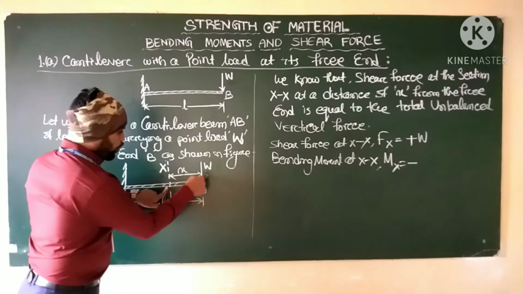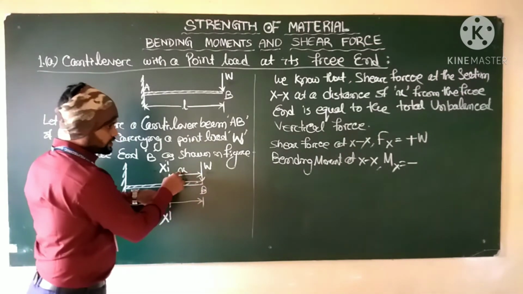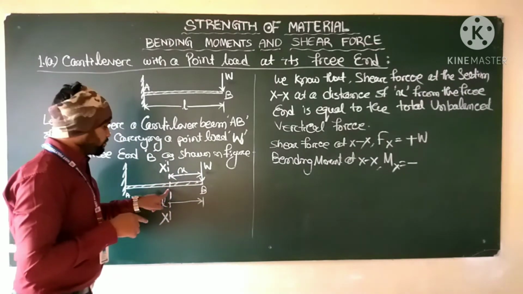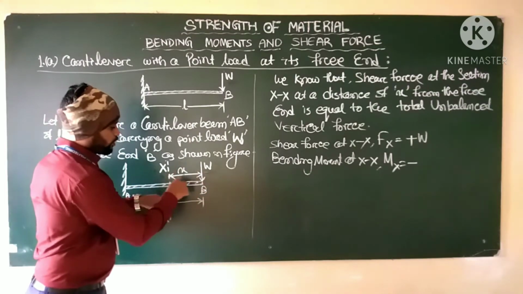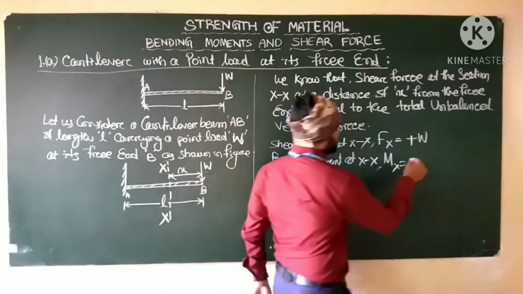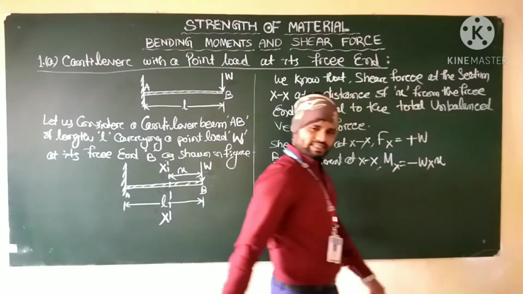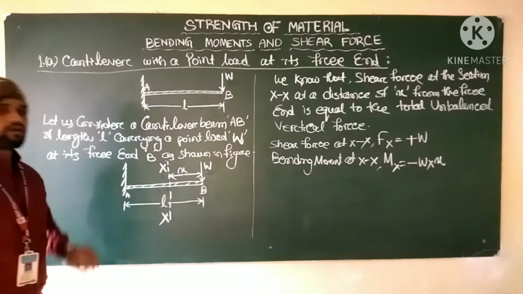So from the load to the section, what is the distance? Small x. So at the point of calculation, we have to multiply force into perpendicular distance. The force or load is W, and the distance is small x. So this is the formula for this figure.